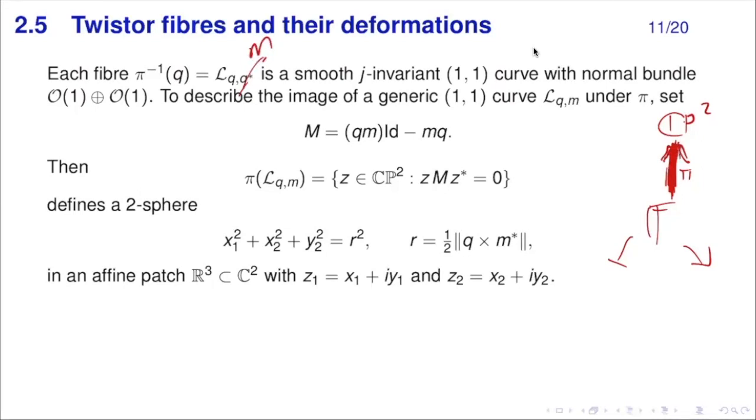How does it project to CP2? And I'm going to tell you now. I'm hiding quite a lot of calculations here, but it turns out that if we take one of these curves, so LQM, not QQ star, we can define this matrix here. So it's QM as a scalar times the identity minus MQ, which is again a 3 by 3 matrix. And then I can say that the projection of this 1,1 curve is the set of points in CP2 that satisfy that equation, projectively speaking.